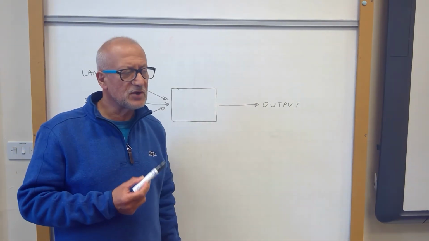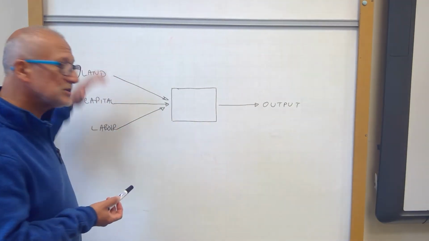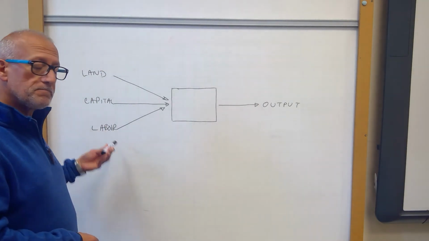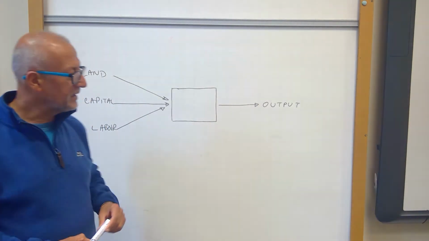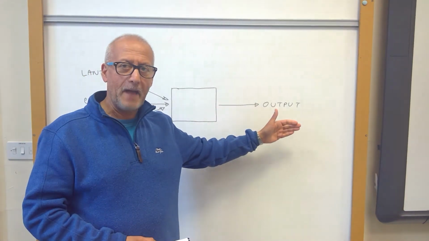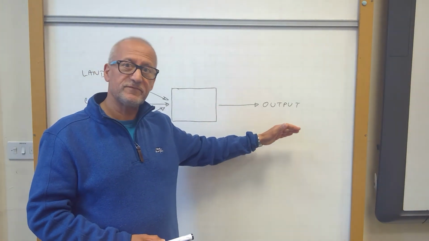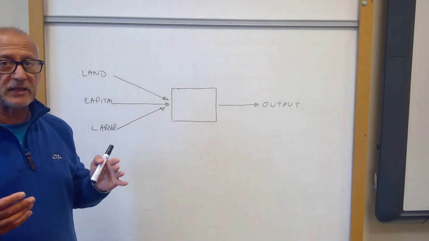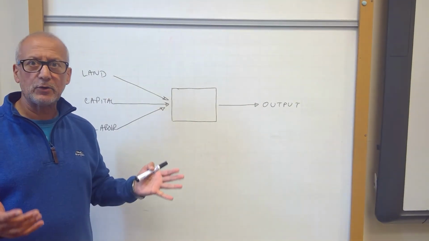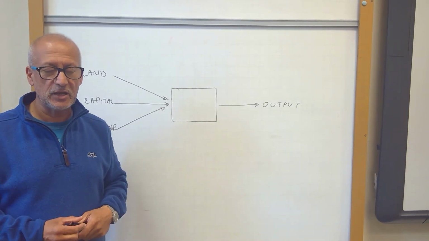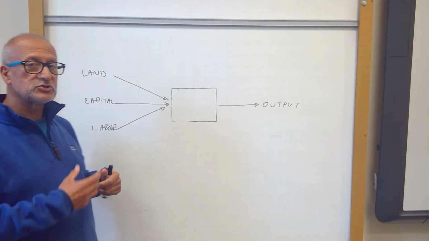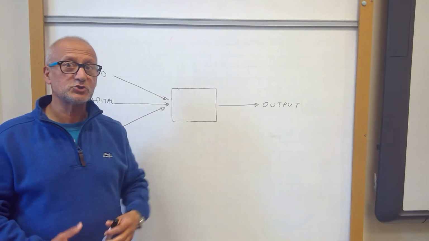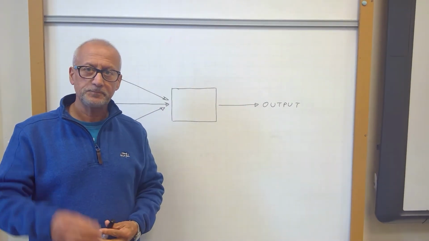We measure it generally by reference to the most expensive of these resources. Usually we measure it by reference to labour. So you could measure the amount of output, the value of output, divided by a unit of labour. That unit of labour could be an hour of labour time or a day of labour time. So the higher that calculation is, the more productive that we are.